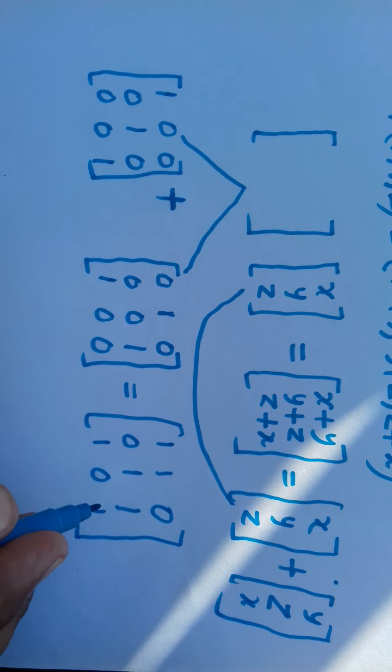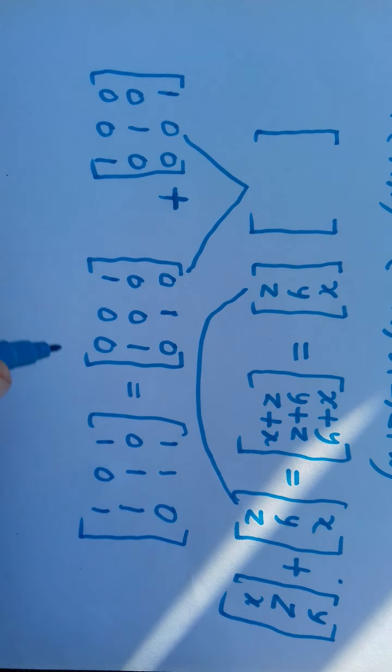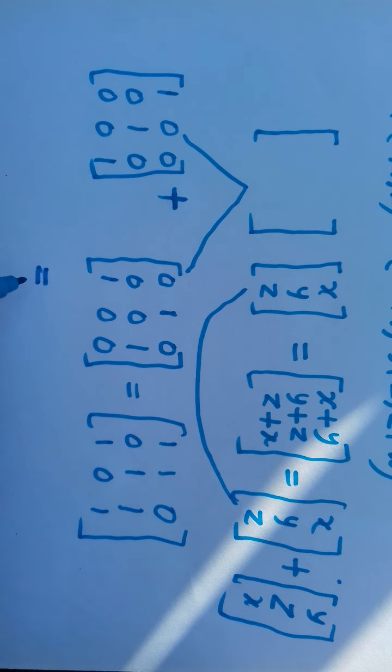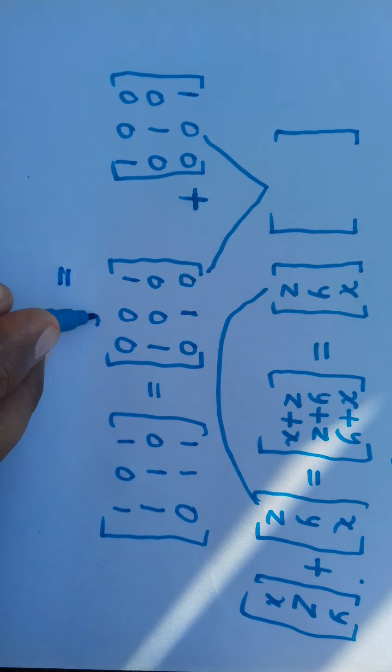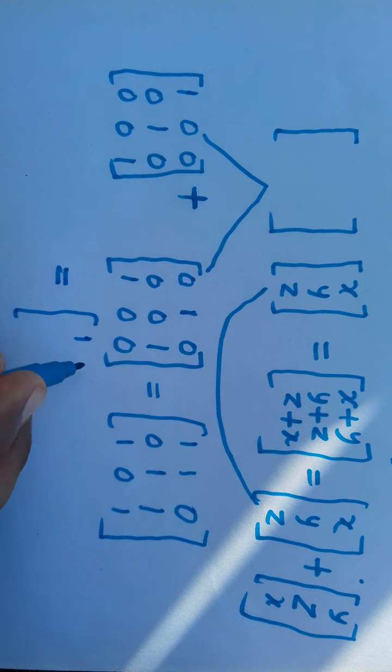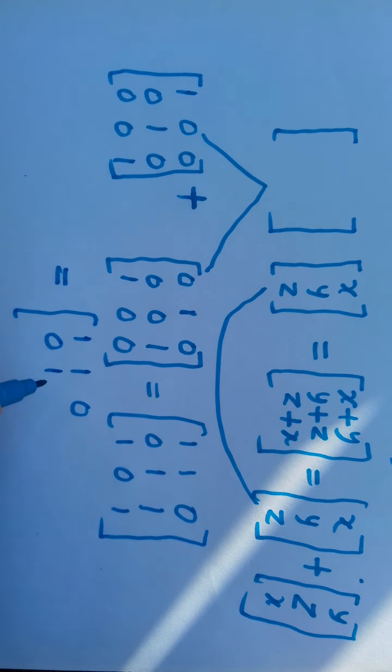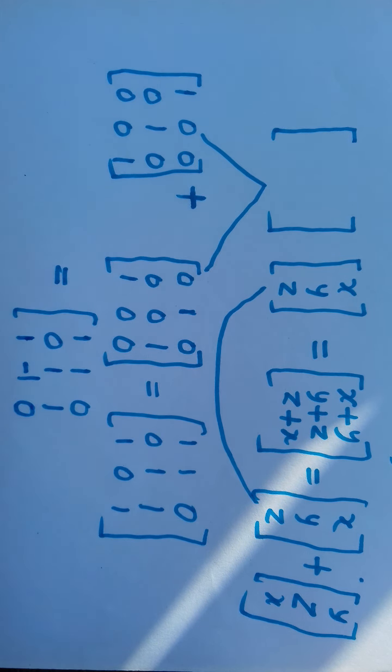Here we can make 0 in the last row by subtracting. We get 1 1 0, 0 1 1, 1 minus 1, and here you can take 0.